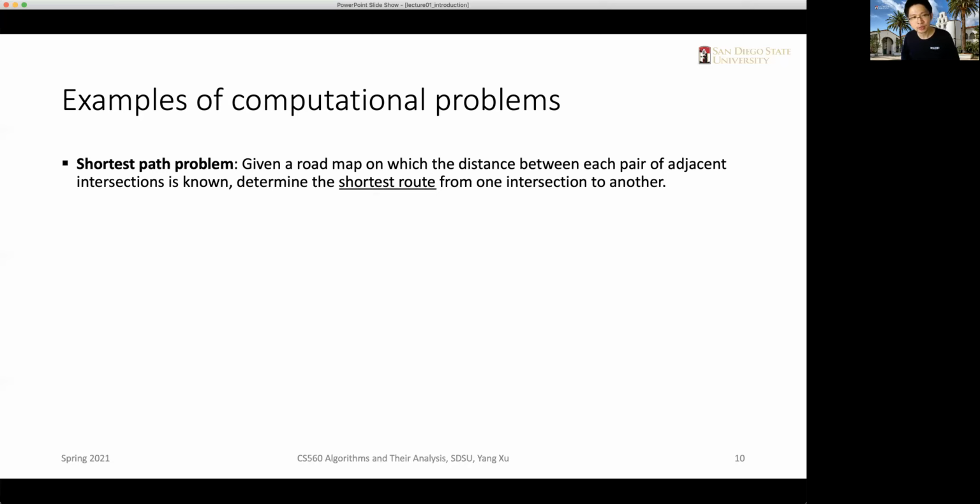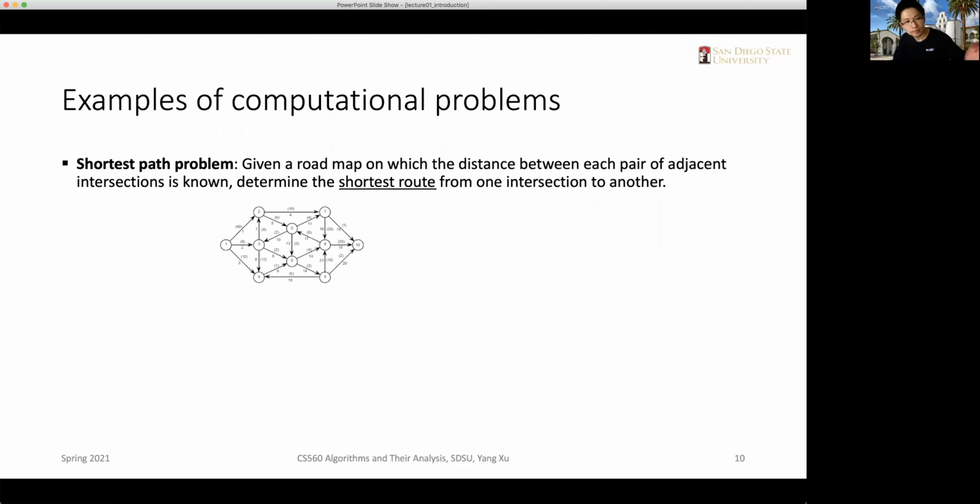It is a problem that we use every day, like finding the shortest path between the source and the destination on the map. This kind of problem is a very difficult one, and we need to carefully design an algorithm to solve it properly, correctly and efficiently.